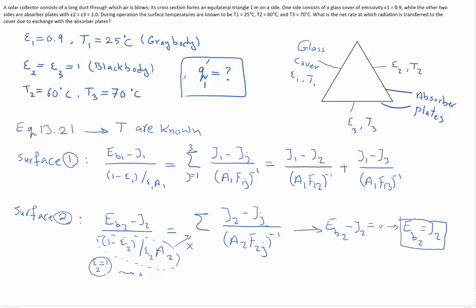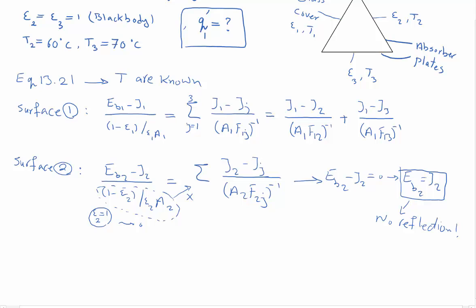This is expected because if you think about it, surface 2 is a black body and it's going to absorb whatever radiation is incident on it. It's not going to reflect anything, so there will be no reflection from surface 2. Therefore, the radiosity will equal the amount of black body radiation.